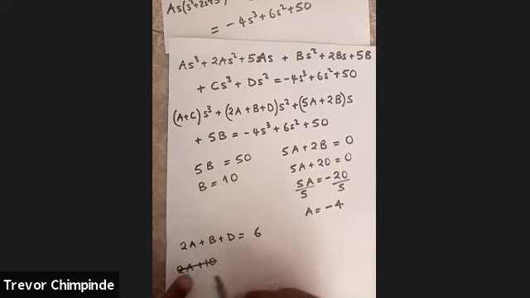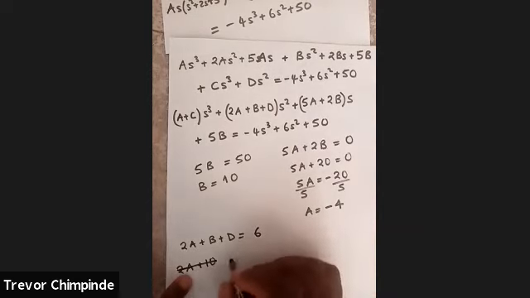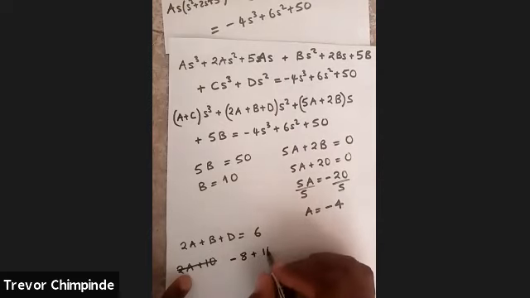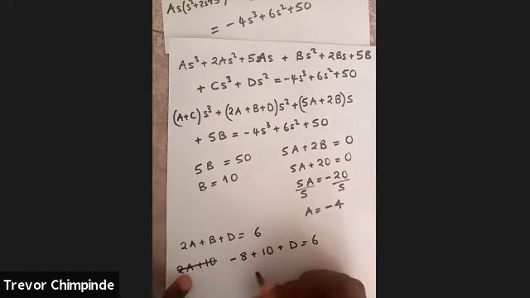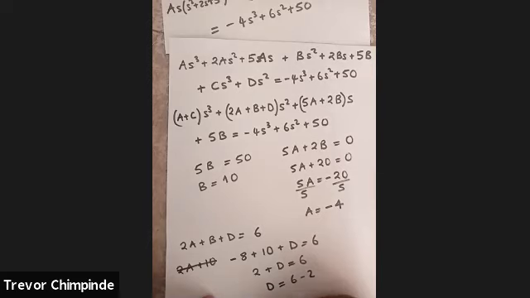So a is negative 4, so 2 times negative 4 is negative 8. B is 10, so plus 10. Then plus d is equal to 6. Negative 8 plus 10 is 2, so 2 plus d is equal to 6. Therefore, d is equal to 6 minus 2. D is equal to 4.